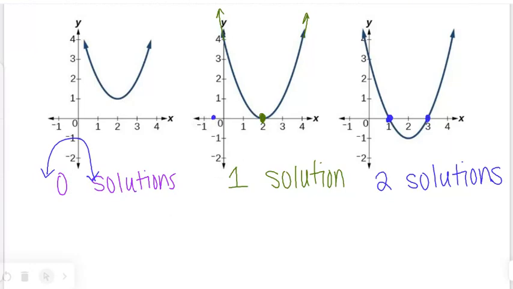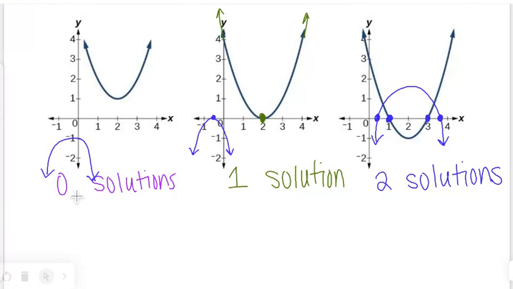Or one solution, I could have something that opens down and its vertex is on the x-axis. That would still be one solution, just a different visual. And then same concept here, I could have a parabola where it's opening down but still crosses the x-axis twice, and that would be another example of two solutions. I just want to make sure it's clear that there's not just these three printed examples on there. It could differ and vary quite a bit.